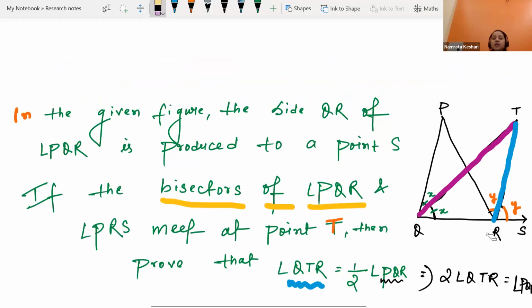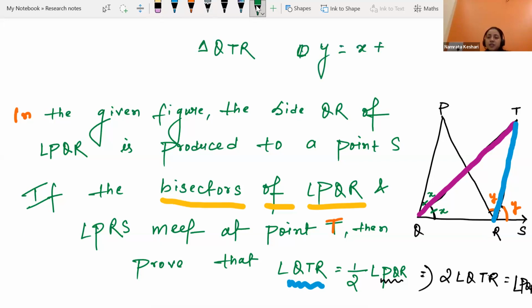First we'll be taking the triangle. Can we take the exterior angle property for QTR? Yes, that's what I have taken already, Sazia. In QTR, this angle y is equal to x plus angle QTR. This triangle we have taken, this is equation number 1.